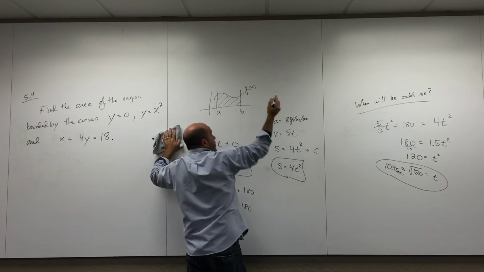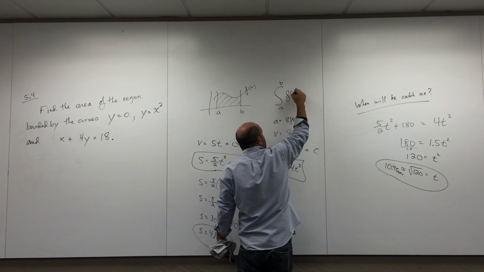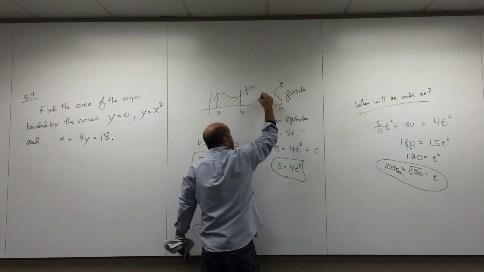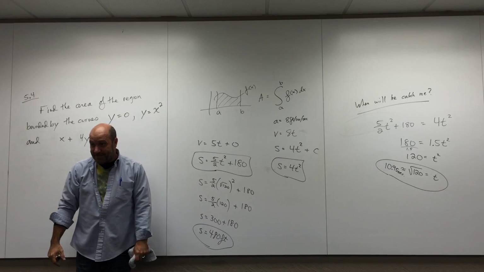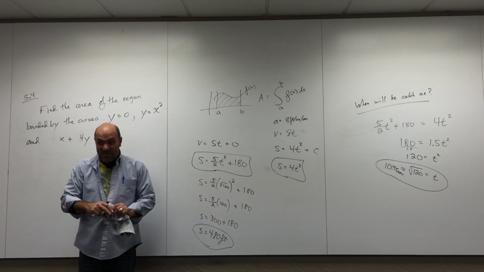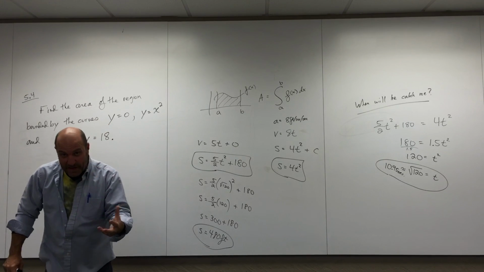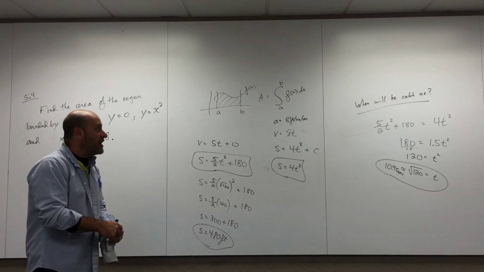How do I find area under a function? I do an integral from A to B. Right? I mean, this was a big concept. That's how we do area now. Once you're past adding up rectangles, that's how you do area.